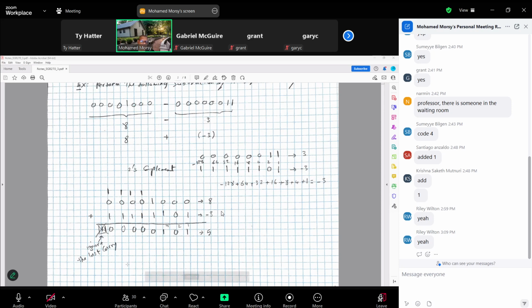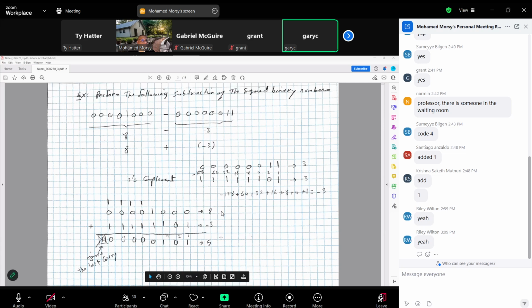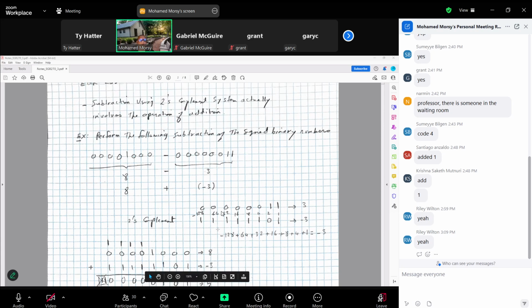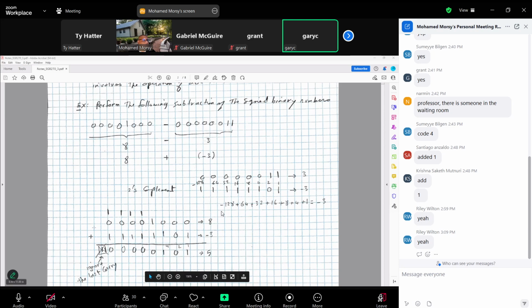Does this rule also apply when we do pure addition in two's complement format? No. For regular addition, we did examples before. If you go back to those examples, for regular addition, if we have a carry 1 at the end, you keep it. But here we ignore it, because we use two's complement format here.